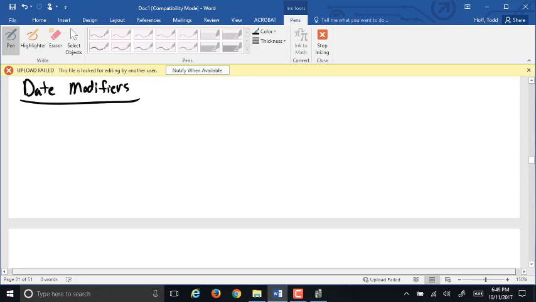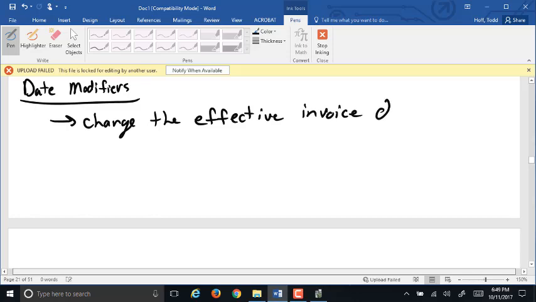Part of our terms of sale, we have date modifiers. What these do is they change the effective invoice date. One of them is ROG.